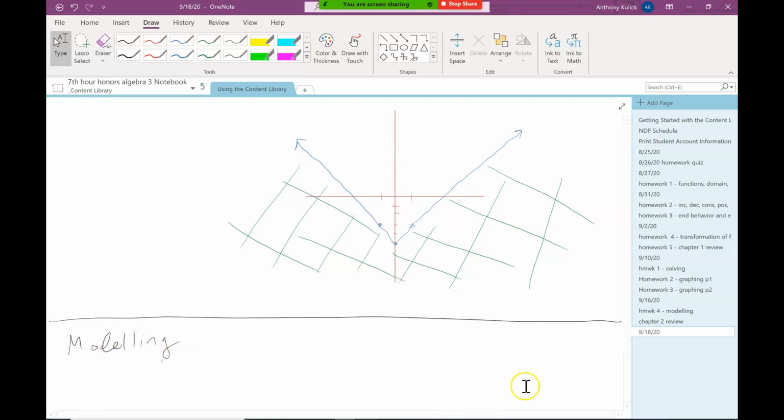So the next thing that we'll talk about is modeling. So the idea here is I want to go from a graph or some information about a graph back to my equation.